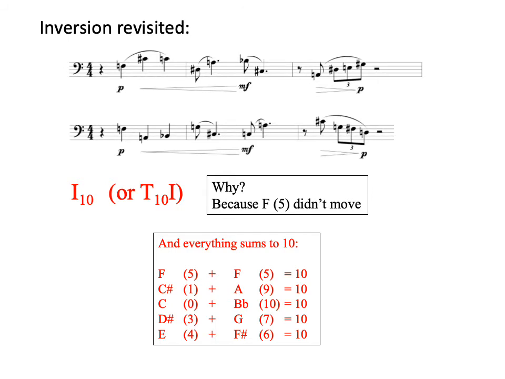You all know that. C is 0, and B flat is 10. So if you look, you'll see how every single note that's swapping up here, when you add it with the note above it, when you add their integer number, you get 10, and that's why we call this inversion 10. We do it differently with the pitch classes when we're not using numbers.